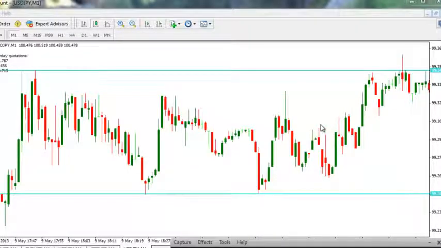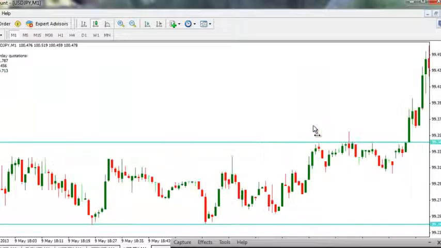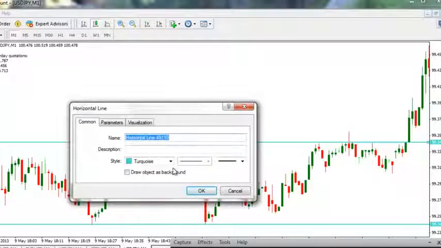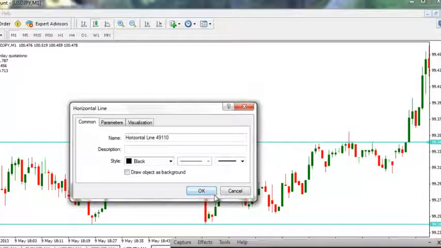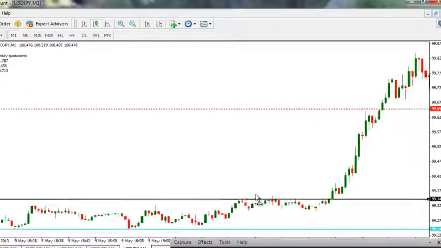Now, let's say you found that trade and you won it, now the price breaks out of that area. So now this area becomes a lower probability trade, a lower resistance area, right? It's not as strong. So now we maybe turn this color to black, and this is still a high probability setup right here at the bottom.